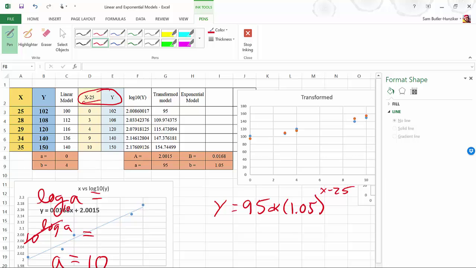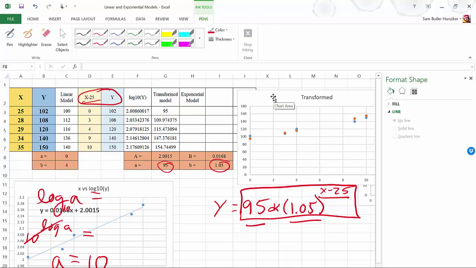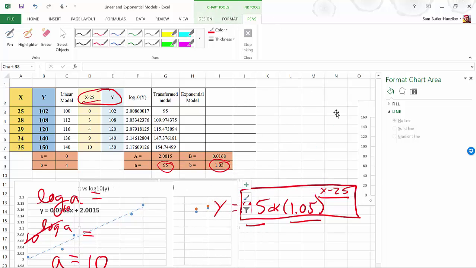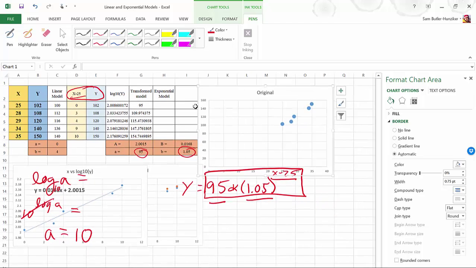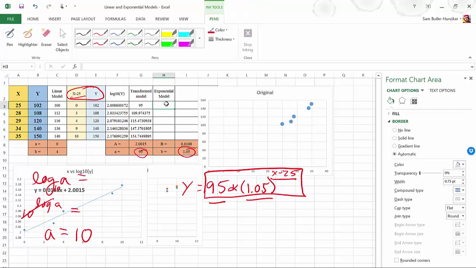Okay. So our actual model that we'll type in for the original data will be 95, or you could just recall this cell, either way, times 1.05, or we can recall that cell, to the x minus 25 power. So we'll move this out of the way, the transformed data, and put everything back here with the original values.